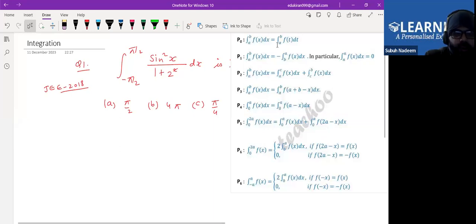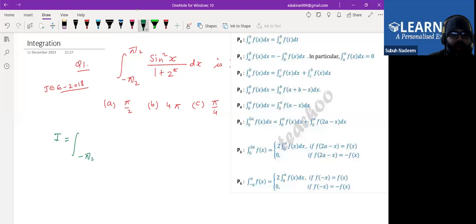So if you see the proper property which has to be used here, let us consider that this is I, which is integral from minus pi by 2 to pi by 2 of sine square x by 1 plus 2 to the power x dx. And you apply property number 3.